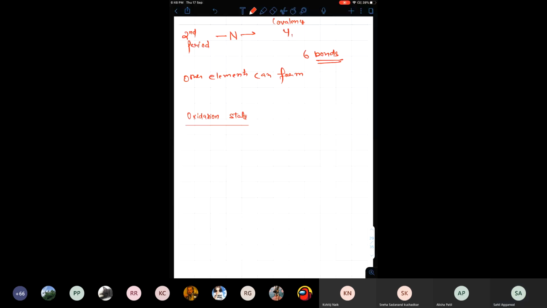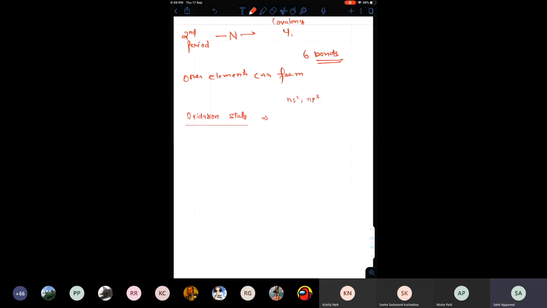Oxidation state. What oxidation state can the 15 group elements show? Their general electronic configuration is ns2 np3.